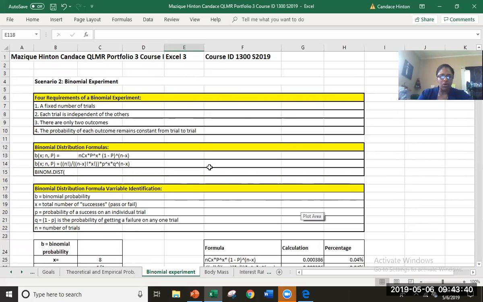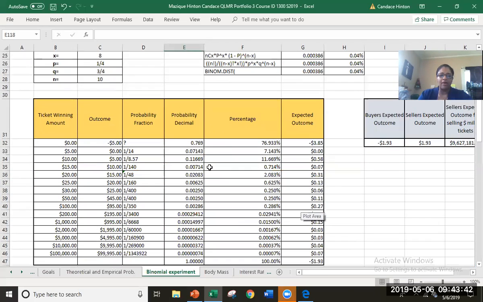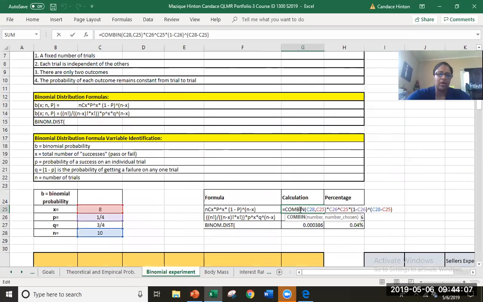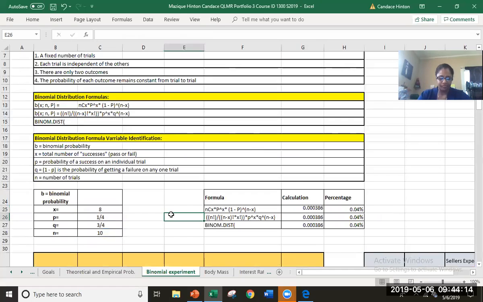In this scenario we dealt with lottery ticket winners, as well as the student who wanted her friend to skip a study session so that she could go out and party with her. As you can see, we had to take our x, and this is my formula for it.